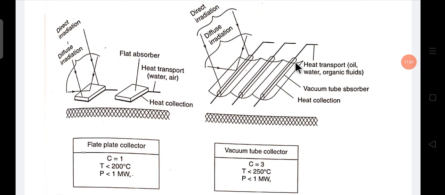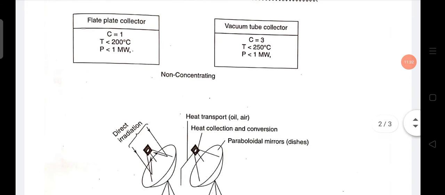It is vacuum, and the heat is transferred using oil, water, or organic fluid, similarly to a flat plate, okay. And in this concentrating collector, C is 3, temperature is less than 250 degrees Celsius, and power is less than 1 megawatt, okay.